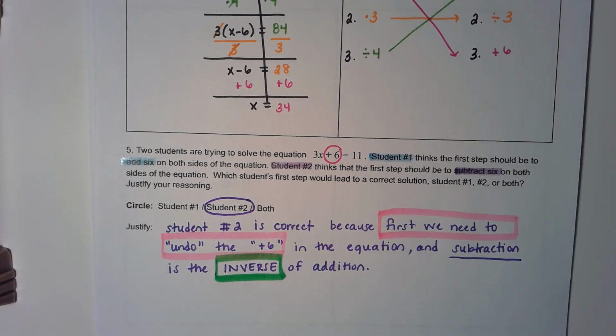That vocabulary word, inverse, is really important here because it tells us that that's how we undo the adding. So you need to make sure that when you're explaining your reasoning for a problem like this one, you always use the word inverse as part of your sentence.